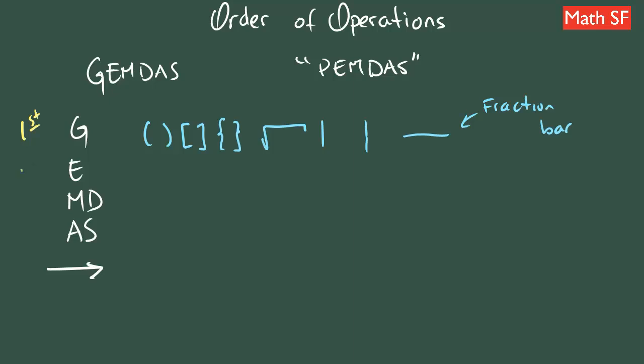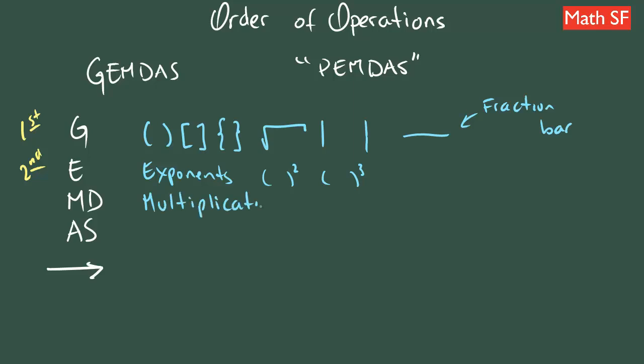Now the second step is to do exponents. So you will see something being cubed or something being squared. Okay, now MD, we know that stands for multiplication or division.